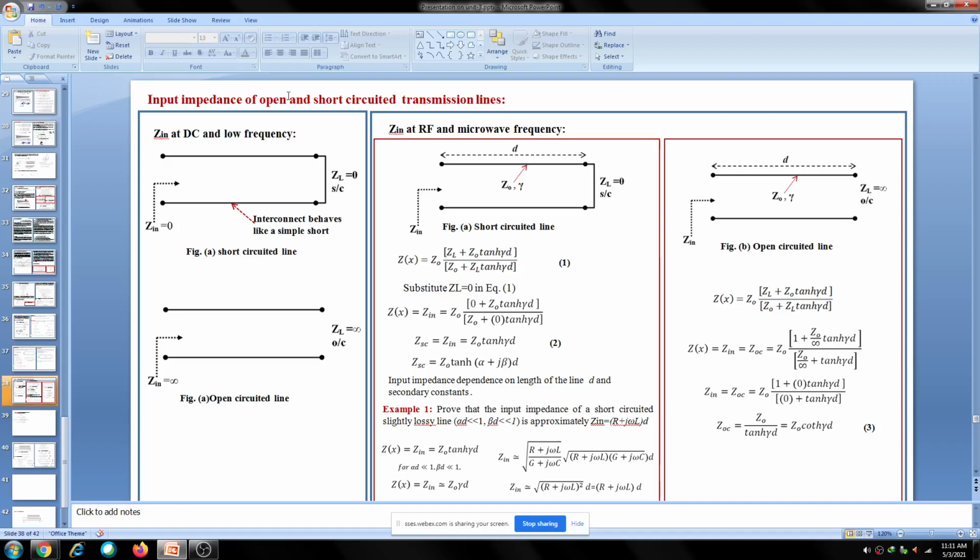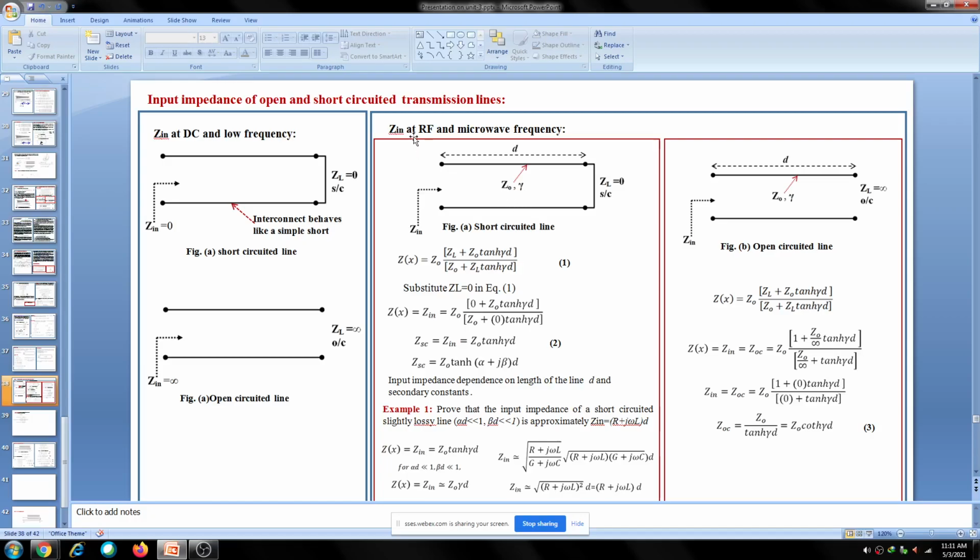Input impedance of open and short circuited transmission lines. This is a transmission line, short circuited at the other end, ZL equal to 0, and the transmission line has a characteristic impedance Z0 and a propagation constant gamma.